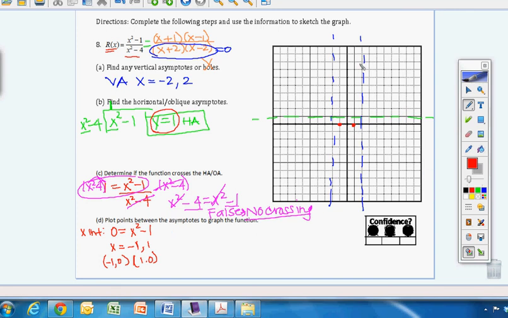All right, now I want to see if we have any intercepts on our y. So our y-intercept, we're going to find y and set x equal to 0. So we have (0 - 1) over (0 - 4), which gives us +1/4.